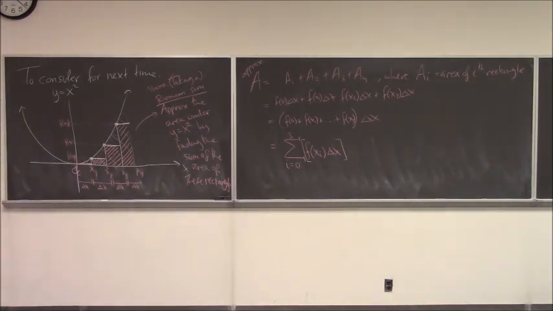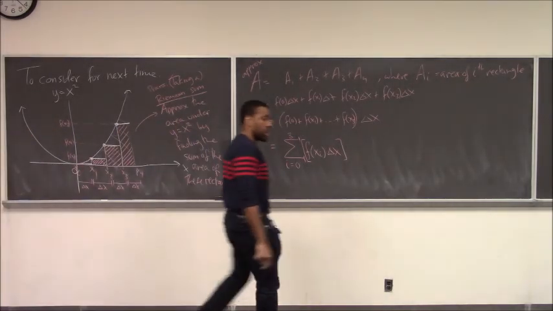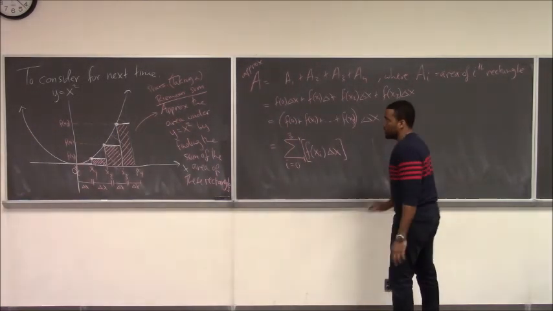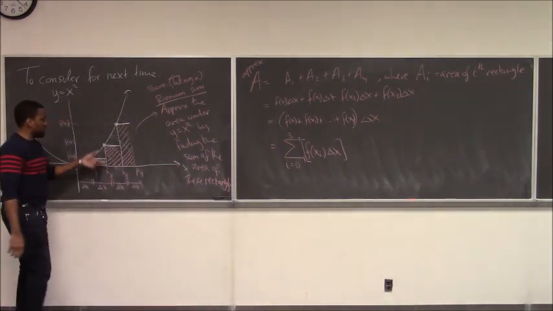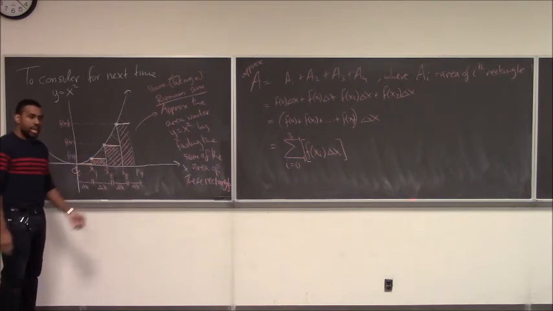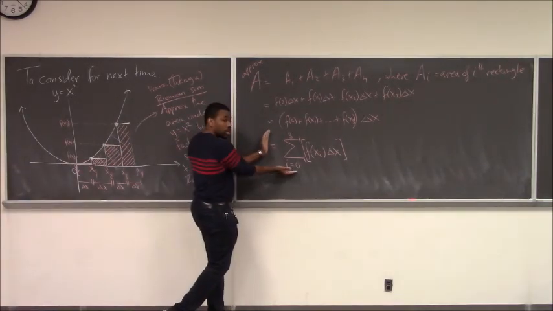So you can imagine this process where I'm approximating the area under a curve via the area of rectangles that I can erect by touching that curve. I can pretty much take length times height for all of them, and I can add them up. A nice shorthand way to write this is an expression like this.